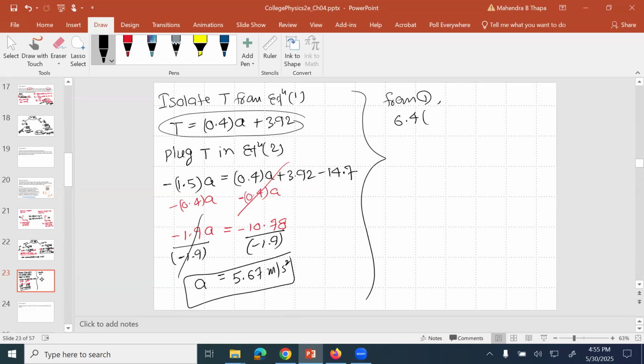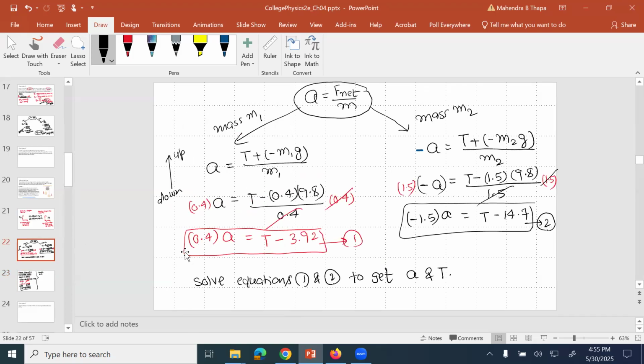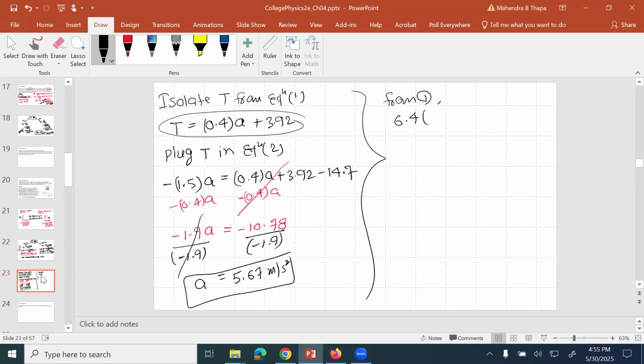Let's see equation 1: it is 0.4 times 5.67 equals T minus 3.92.